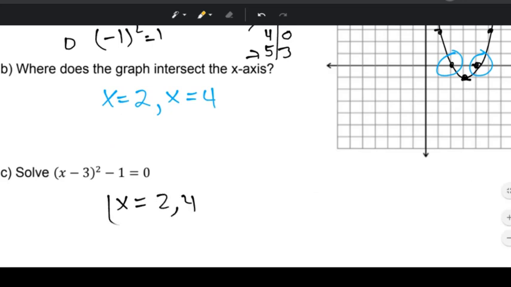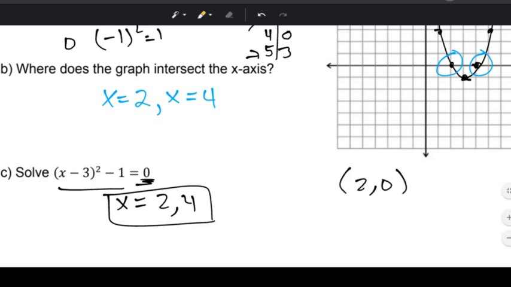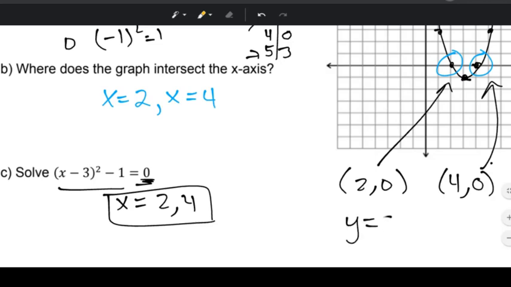So when x is 2 and when x is 4, this function equals 0. Okay, and so these points, if I write them as an ordered pair, just so you're aware, (2, 0) and (4, 0), we call these the x-intercepts of our graph up here. It's where you hit the x-axis. It's also where y is 0, or when your function is 0. And that's how you would solve graphically.